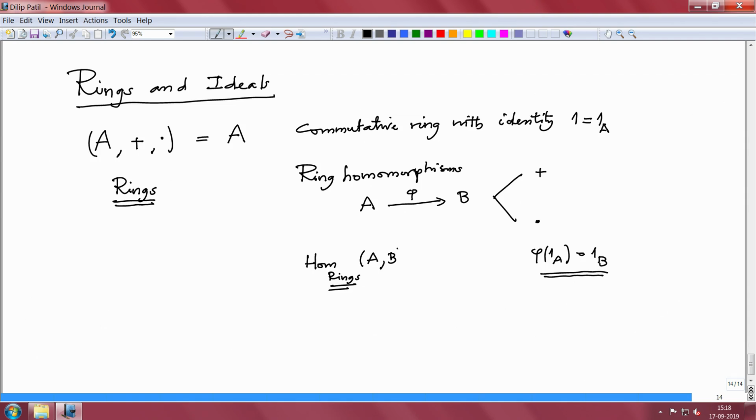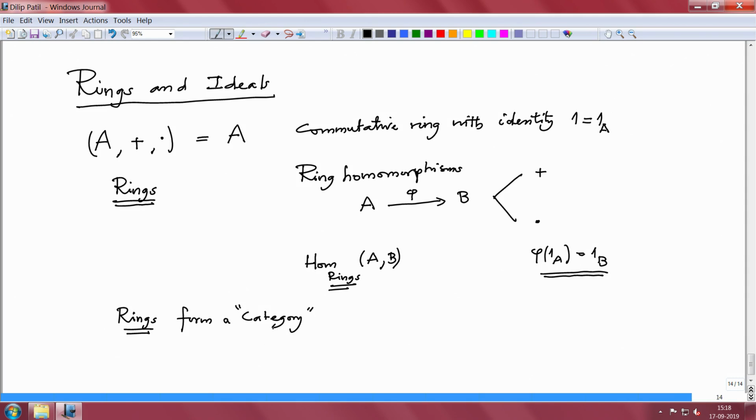This is the set of all ring homomorphisms from the ring A to the ring B. I will just note here that rings with these ring homomorphisms form a category. In due course I will make this clearer.